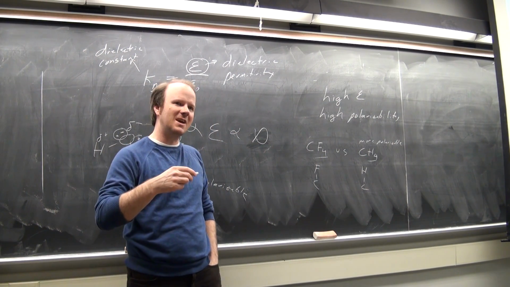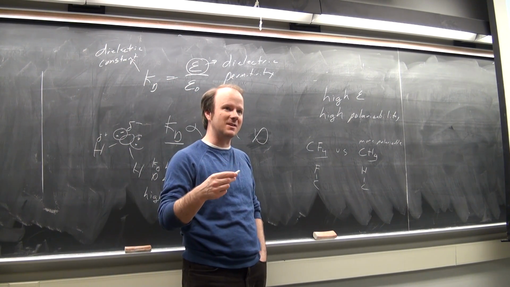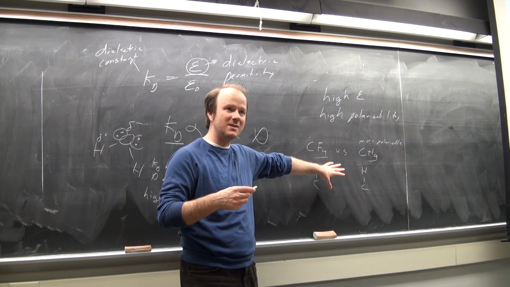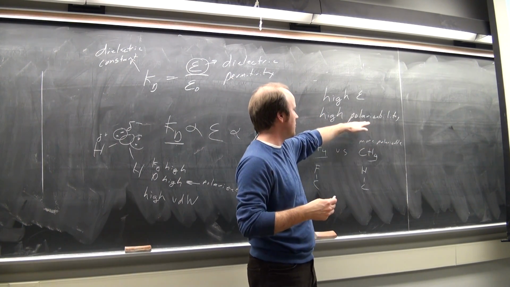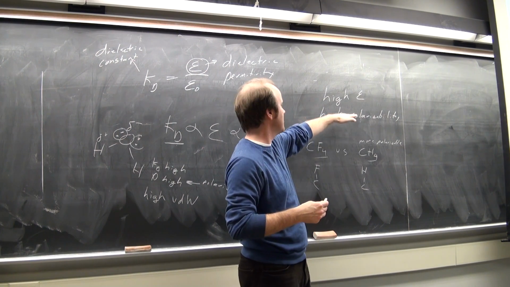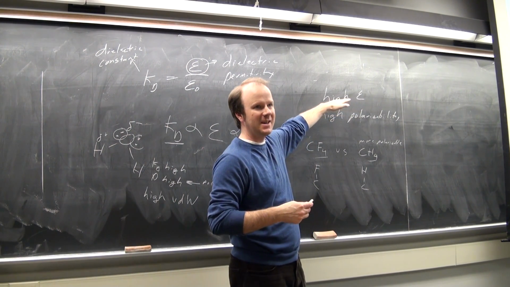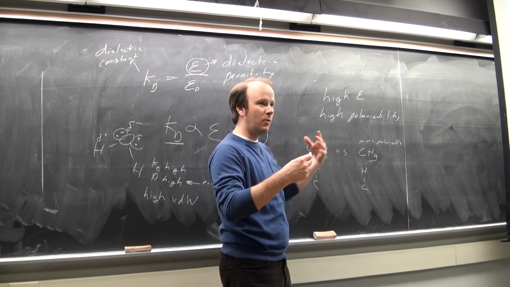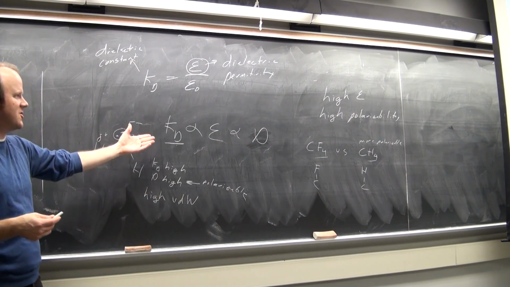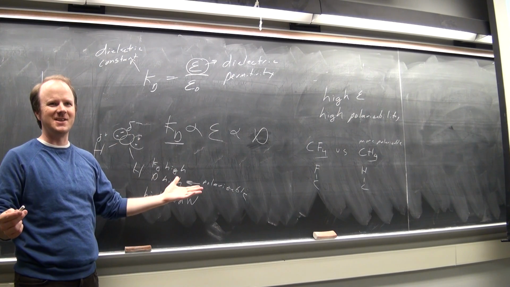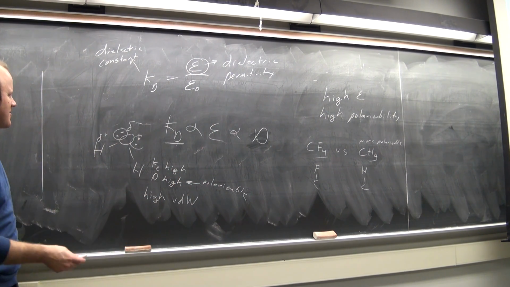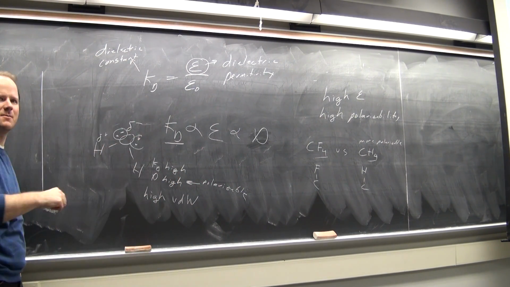So you really need to take it on a case-by-case basis. Look at what the molecule is. Think about more polarizable or polarizability, and then you can go back into dielectric permittivity. So water, it's good to just remember that water has a high dielectric constant, and it has a high dielectric constant because it's highly polarizable.